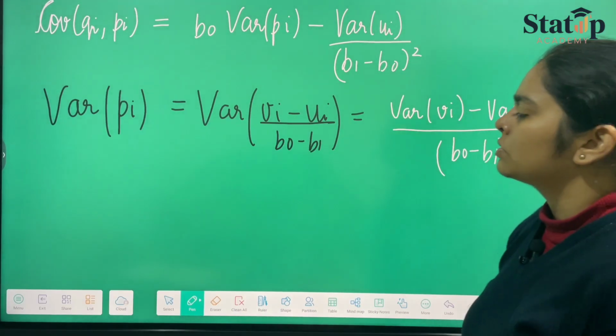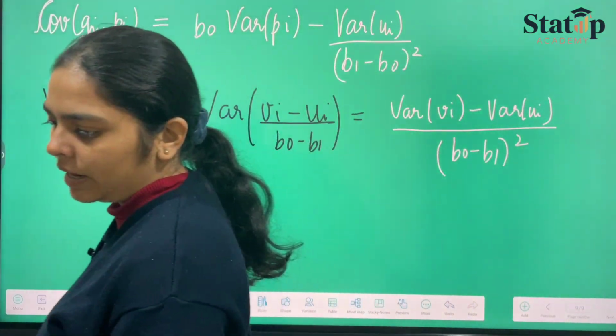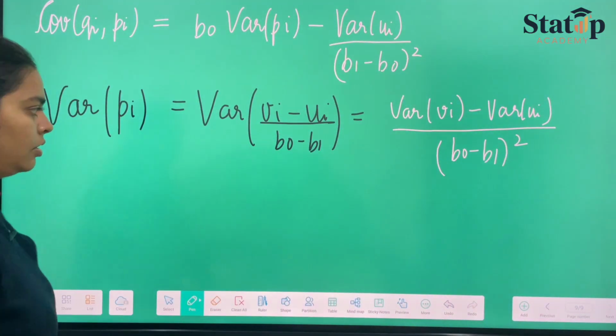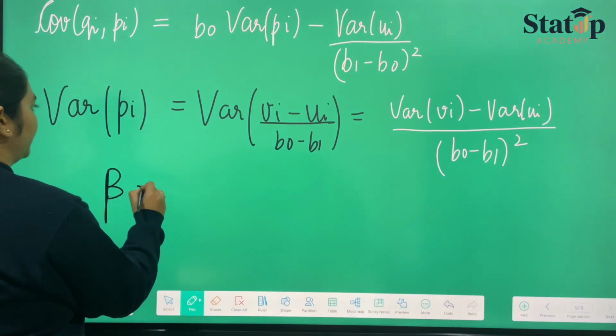Okay, so now we can find the regression. Regression is covariance upon variance.